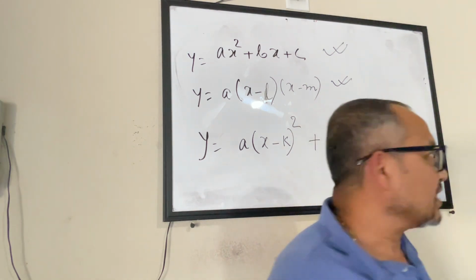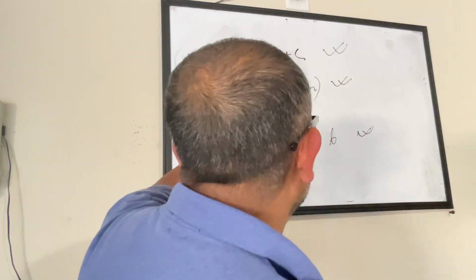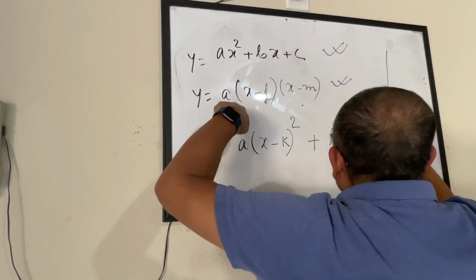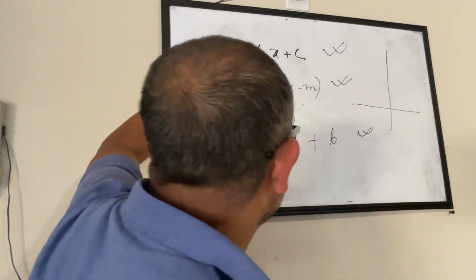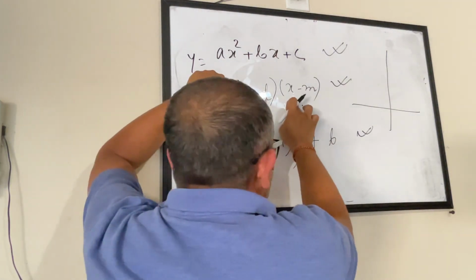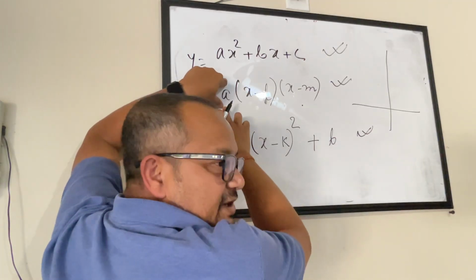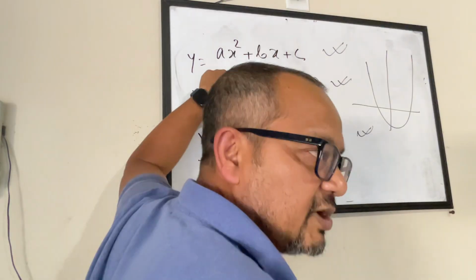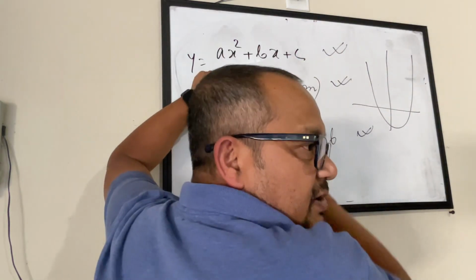So what Pranit was saying was, if I have a factor form like this, you still have a, which is going to be a coefficient of x. If this a is positive, your parabola is facing upward. I'm assuming that my parabola is facing upward for now.